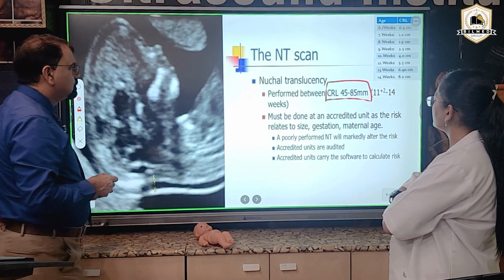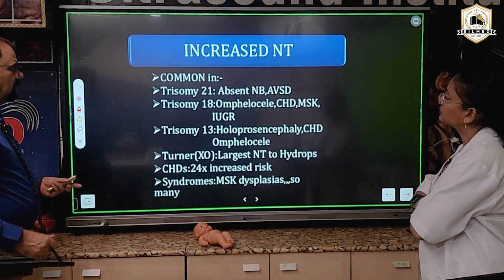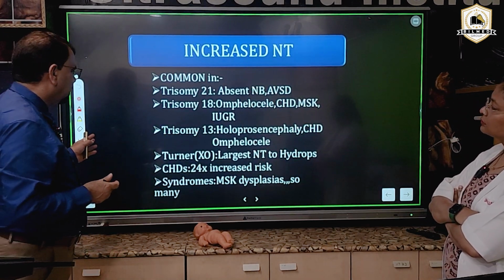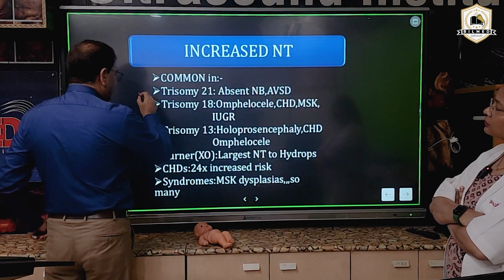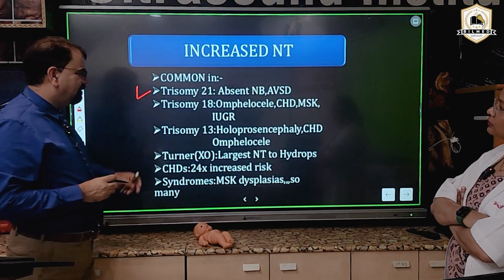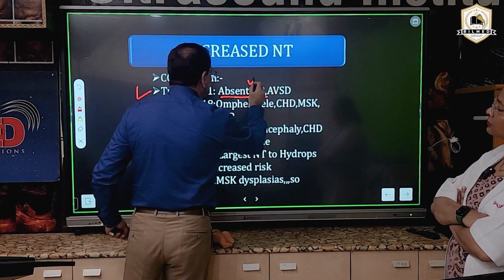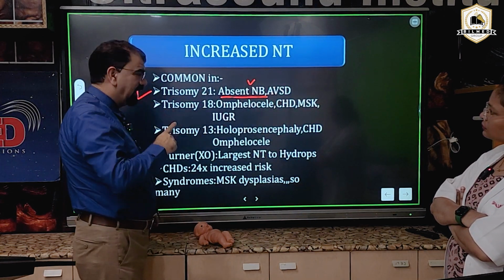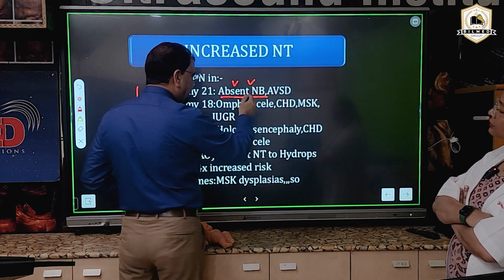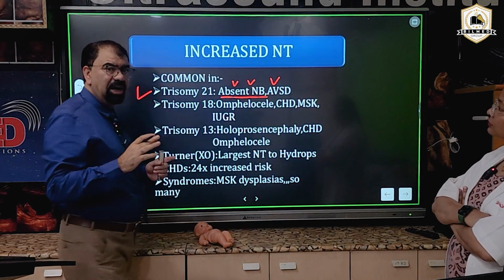Now, if I am having an increased nuchal translucency, what I can have is trisomy 21. In trisomy 21, I will also be having an absent nasal bone, NB, and I will be having an AVSD also.